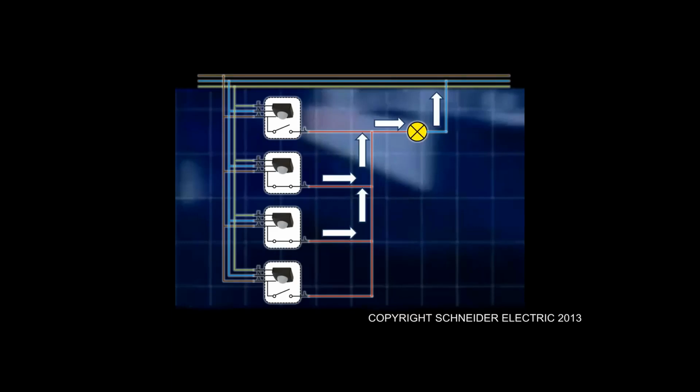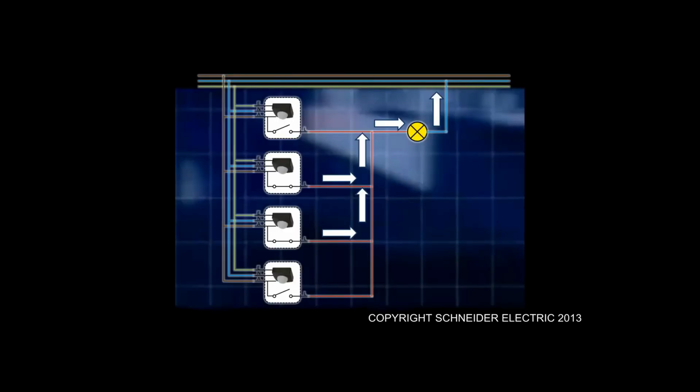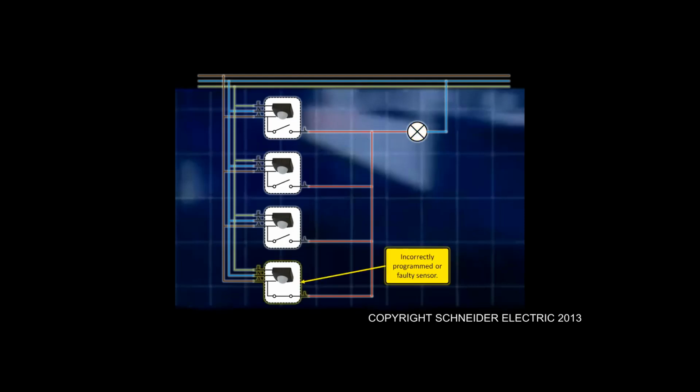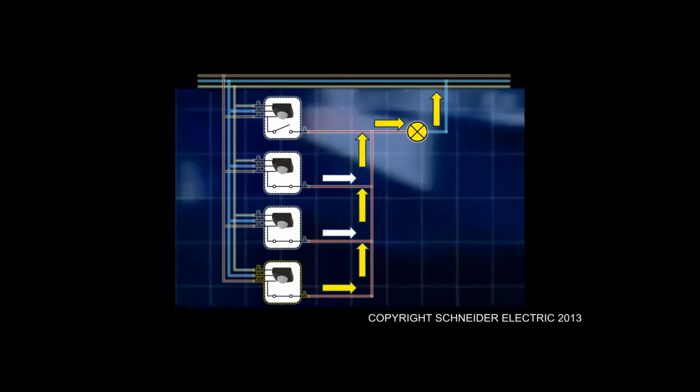In this case, if any of these sensors are closed, the light will be on. If none of the sensors are detecting movement and have their timers engaged, the light will be off. If by chance we have incorrectly programmed one of the sensors, or one of the sensors has gone faulty, you could potentially see that light being kept on indefinitely.